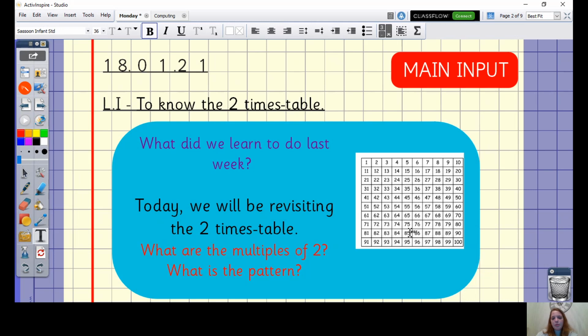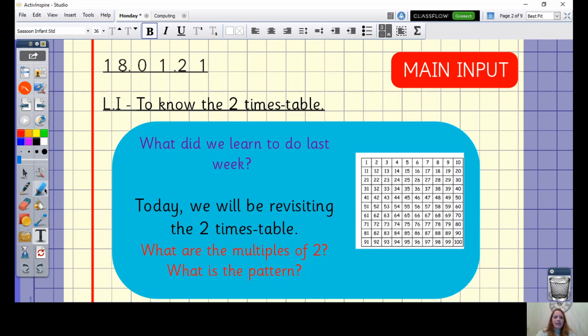You may want to get a bigger one up on your screen, and I want you to look for the multiples of 2. What are the multiples of 2? And see if you can spot a pattern. You might be able to spot more than one pattern. Pause the video here and have a think about those multiples of 2.